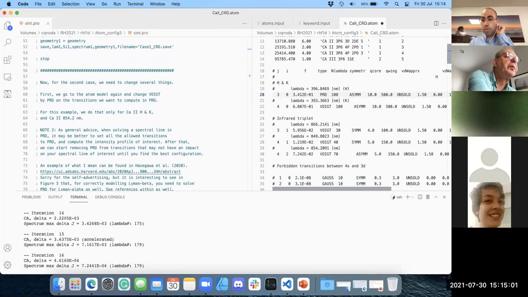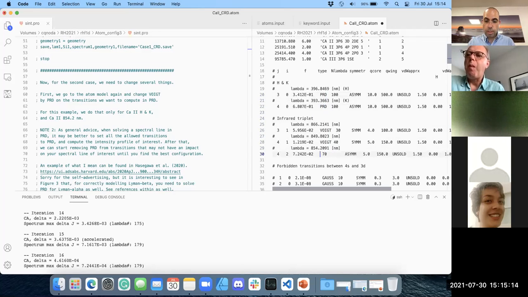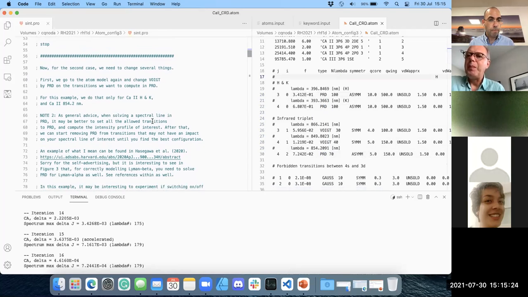The rest of the transitions will be solved in CRD. As we said, let's solve calcium II H and K, and also 8542. So we ask the code to solve PID for these three transitions, and the other two will be in CRD.